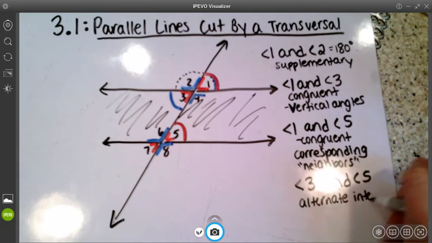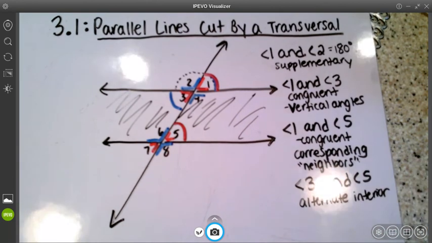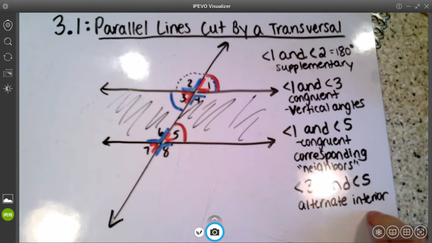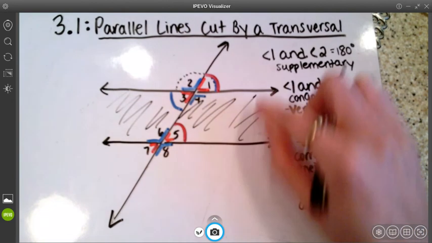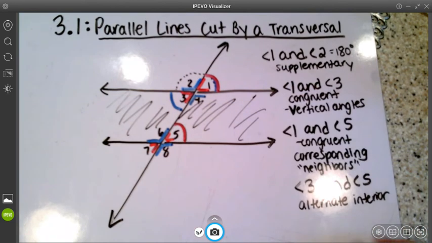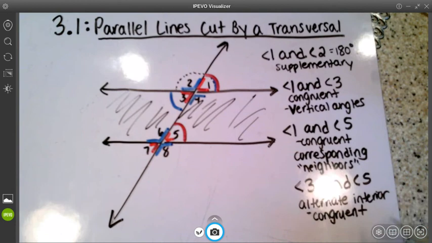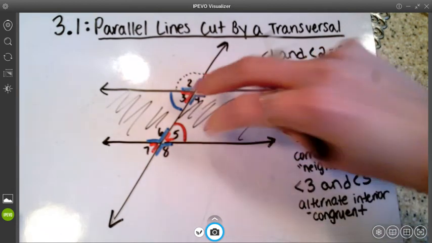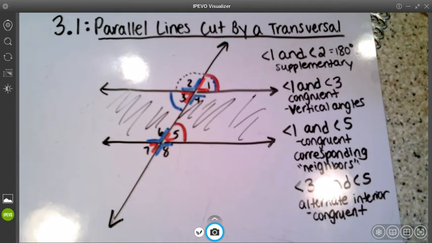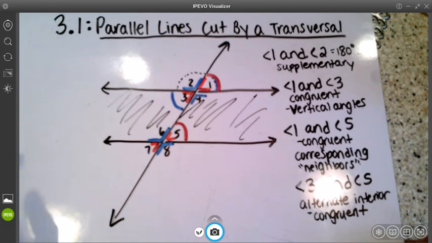Kind of like, I think of the word interior, like interior designer. They decorate the inside of your house. Interior angles on the inside. And we know they're also, I didn't say this before, I should have, they are congruent. They look exactly the same. Right? Same angle. Now let's talk about some other types of angles.